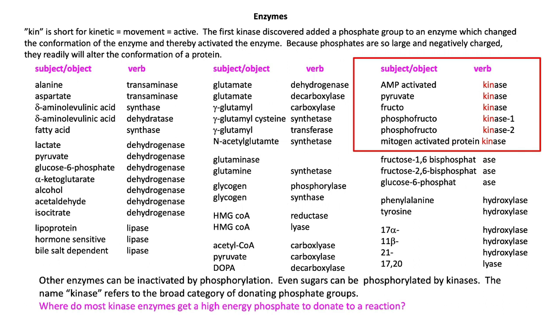It turns out that a phosphate's a pretty big group and it's negatively charged. So when the kinase added a phosphate group to another enzyme, that negatively charged group attracted some positively charged group on the other enzyme and caused it to change its conformational shape, and it opened up its active site so that it would now become active.